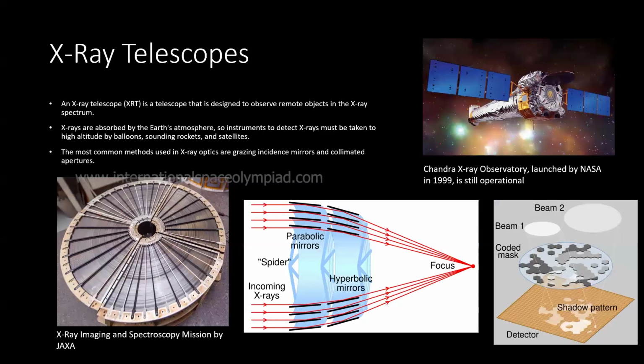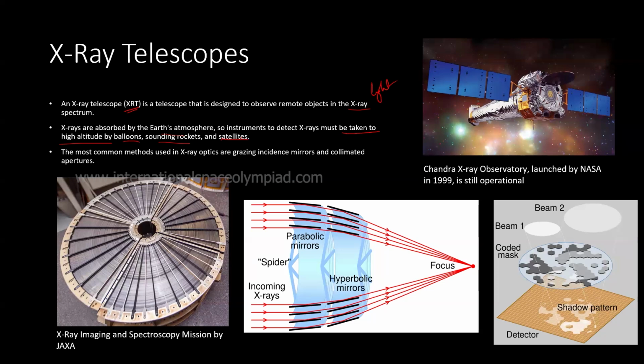So X-ray telescope, or usually we call it in short as XRT, is a telescope that is designed to observe remote objects in the X-ray spectrum. X-ray spectrum means X-ray light. The problem is that X-rays are absorbed by Earth's atmosphere. So instruments to detect X-ray must be taken to high altitude, either by balloons or by sounding rockets or by satellites.